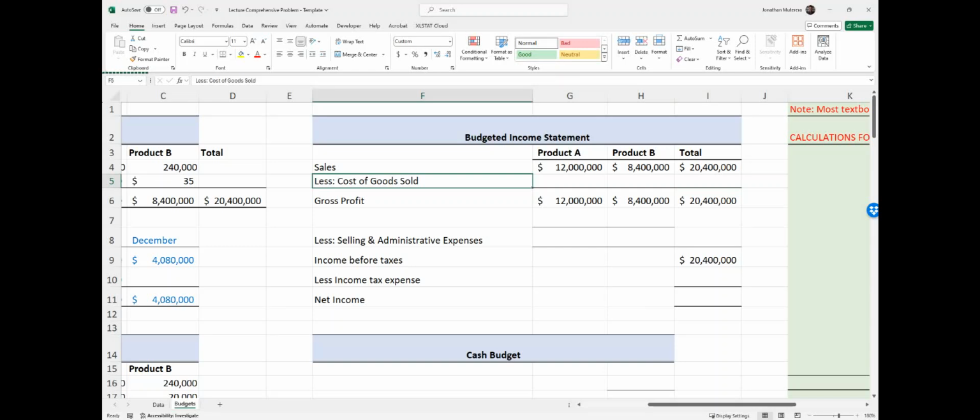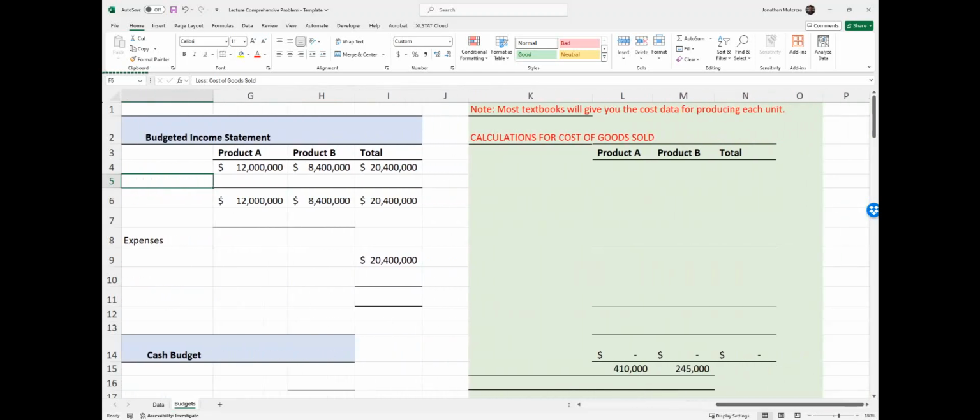Okay, so this is where things will be a little bit tricky in this exercise. In many instances and in many questions that you will see on your test or in many textbook examples, they will make it easy for you. It will not be as involved as what I'm showing you right now, how you calculate your cost of goods sold. It will be straightforward.